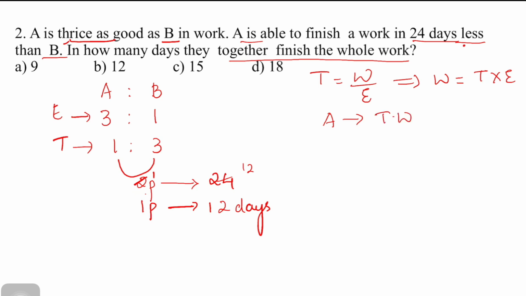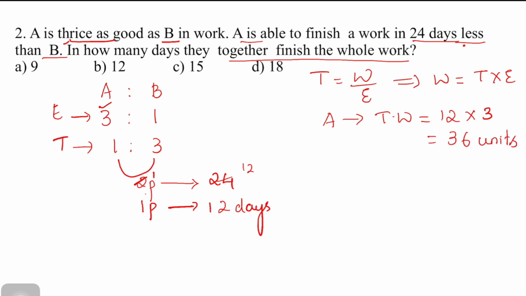We know the time of A, that is 12 days, and the efficiency of A is 3 parts. So the total work is 12 into 3, that is 36 units.